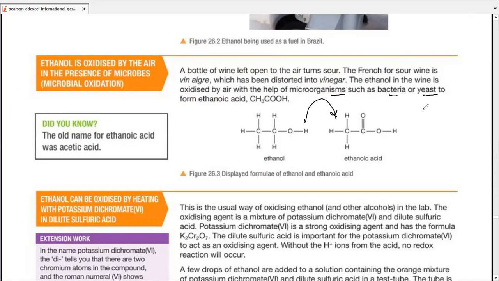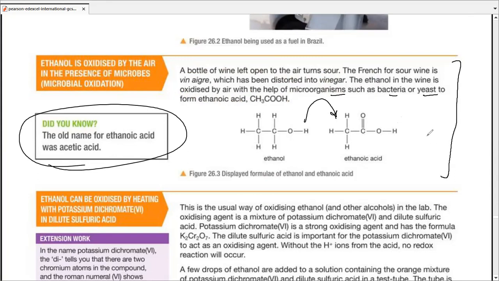So you would notice that in this structure, we have 2 less hydrogen atoms and 1 extra oxygen atom. The old name for ethanoic acid was acetic acid, and this was the common method to convert alcohol into vinegar. Leave it open for some time, it would turn sour, and the alcohol would convert into vinegar.